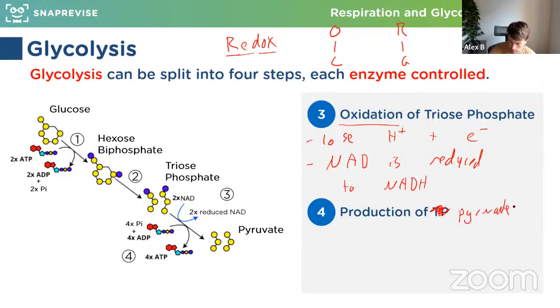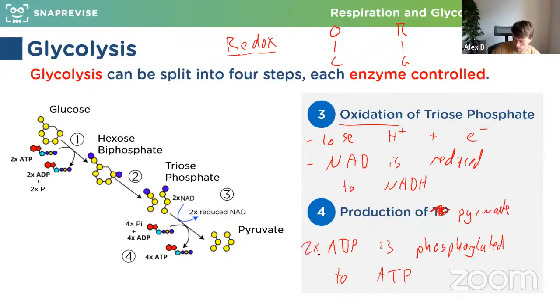So at the same time, the TP is being oxidized to pyruvate. We actually make some ATP now. So ADP is phosphorylated to ATP. So this actually happens, there's two of these per glucose.